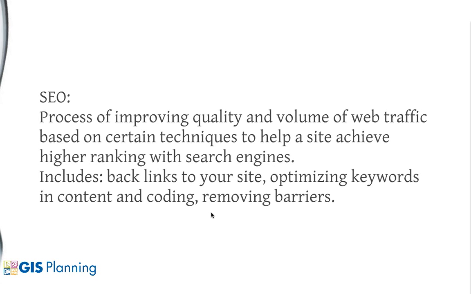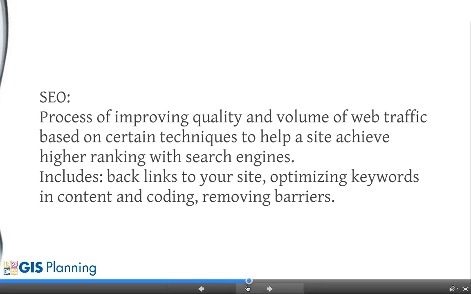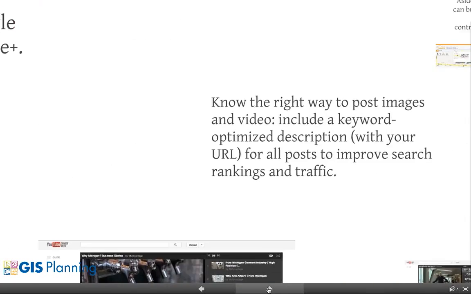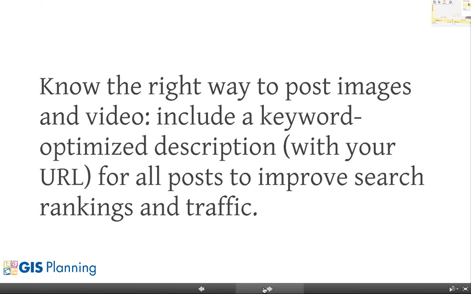So making sure you're using the words that people use when they're searching for communities to invest in, and removing barriers that might make it difficult to find. So some of the things we talked about at the beginning of this webinar, making it difficult for people to find your ZoomProspector, is certainly going to hurt your rankings.